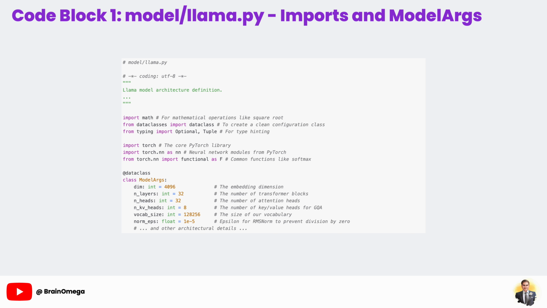KV heads is a key parameter for an optimization called grouped query attention, which we'll explore in detail. Vocab size defines how many unique tokens our model understands. And norm eps is a tiny number we'll add during normalization to prevent any division by zero errors. This dataclass is our single source of truth for the model's architecture.